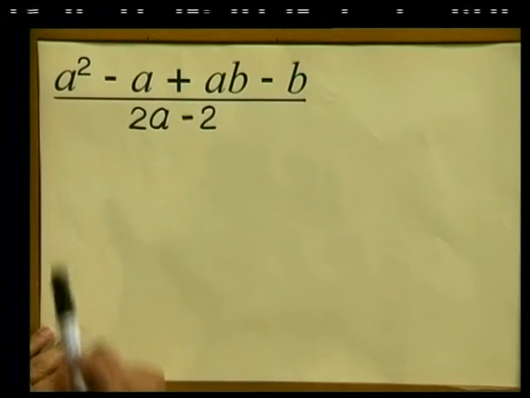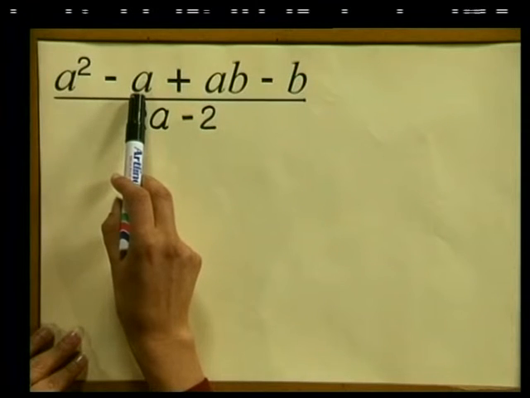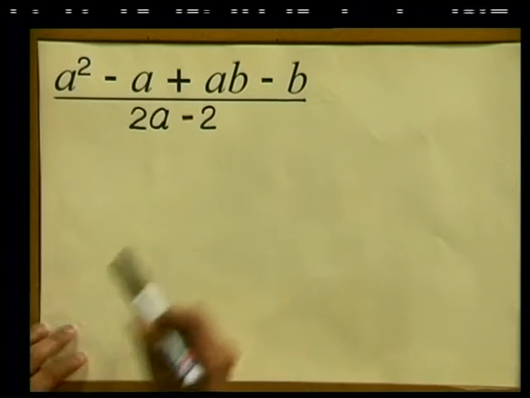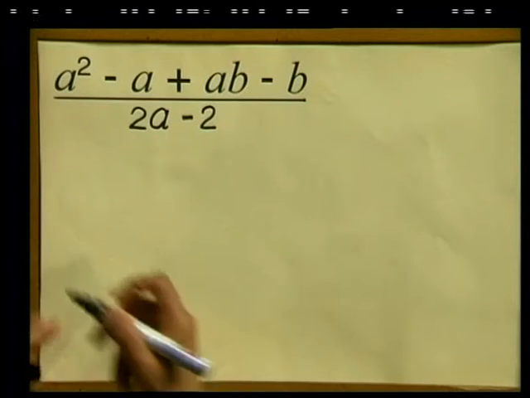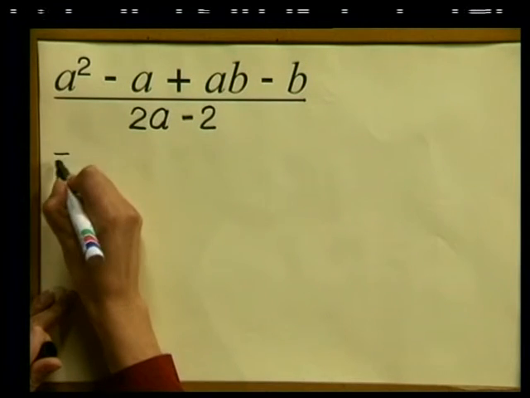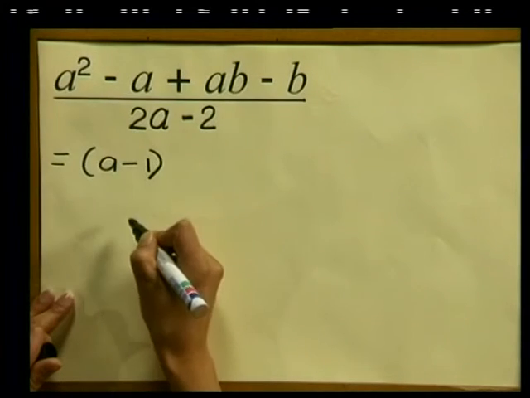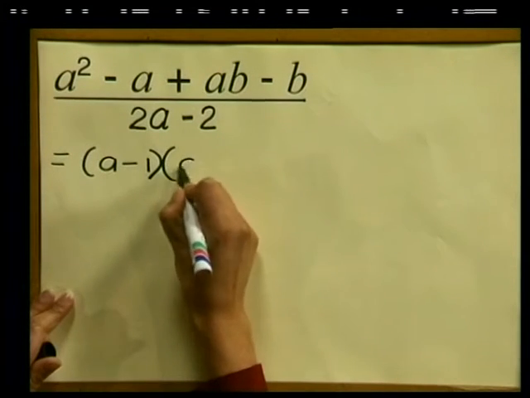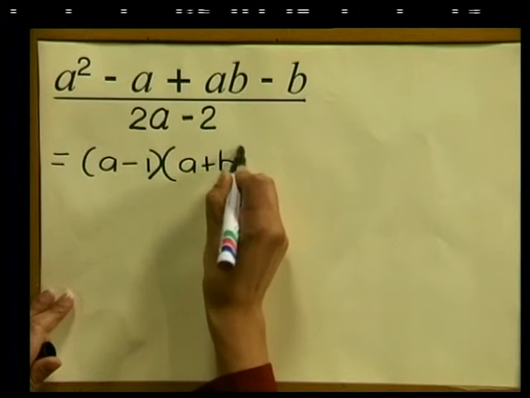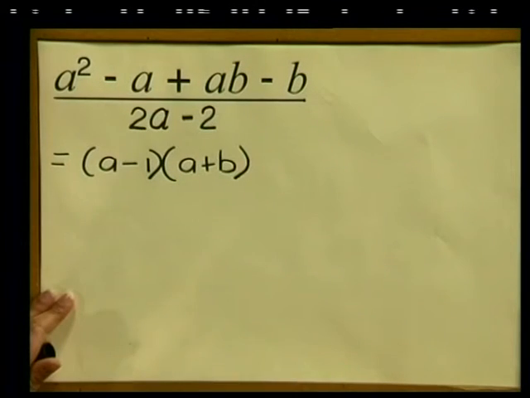After we grouped them, we took out a common factor in the first bracket, a common factor in the second bracket, and when we saw that we had a common factor, we took it out. So if you remember, we were left with a minus 1, our common factor, and then a plus b. And that was all divided by our denominator.